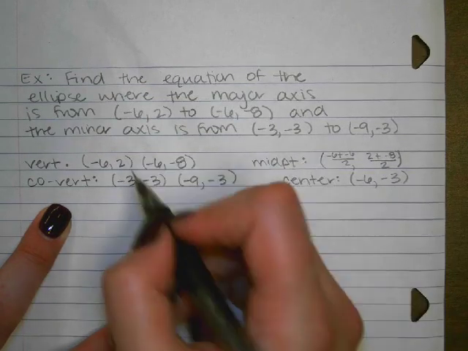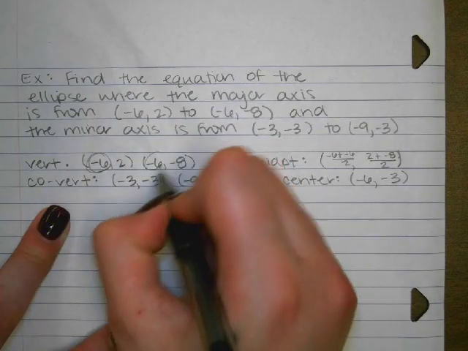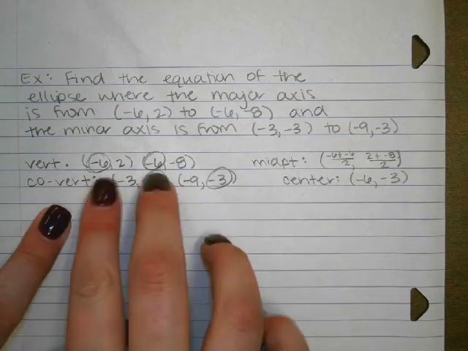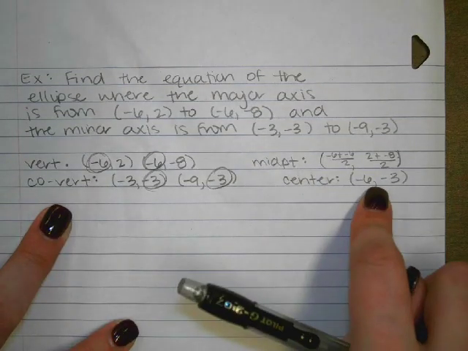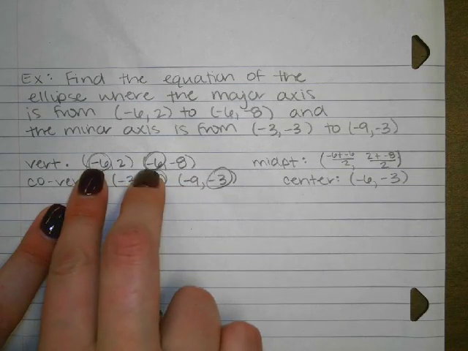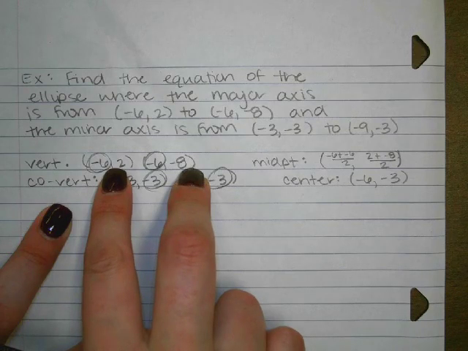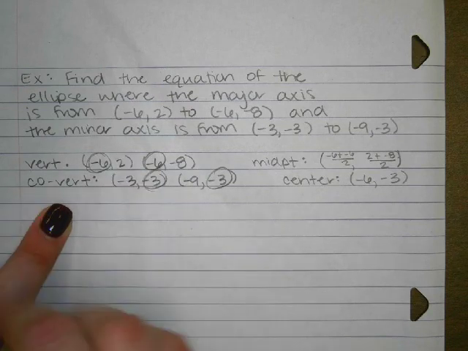So it's actually kind of interesting if they give you the vertices and the co-vertices, it's kind of like they're giving you the center, because you can see which coordinates don't change. So if the center is at -6, -3, and the vertices have an x-coordinate of -6, that means that the y values are what was changing. So we could go ahead and draw a sketch of this, but I'm going to show you guys how to think through it.